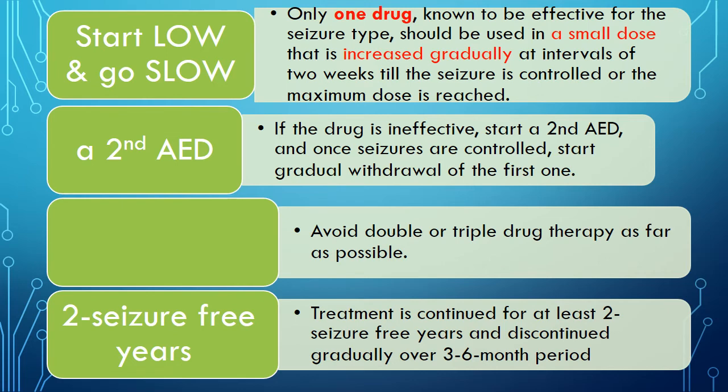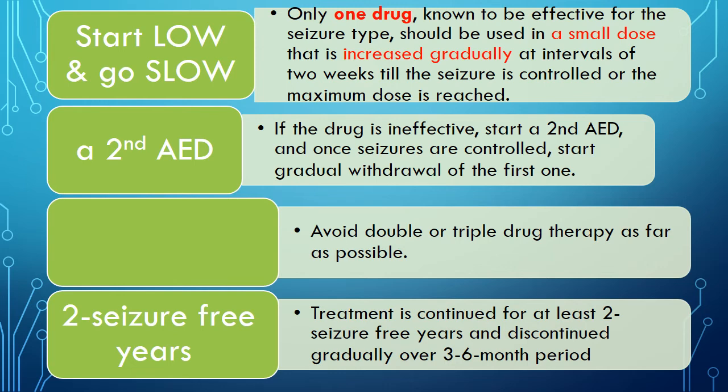If the maximum dose is reached and there is no control of seizure, a new anti-epileptic drug should be introduced, gradually increasing the dose until control of seizure, and then starting withdrawal of the first anti-epileptic drug. We should try to avoid double or triple anti-epileptic drug treatment as far as possible.